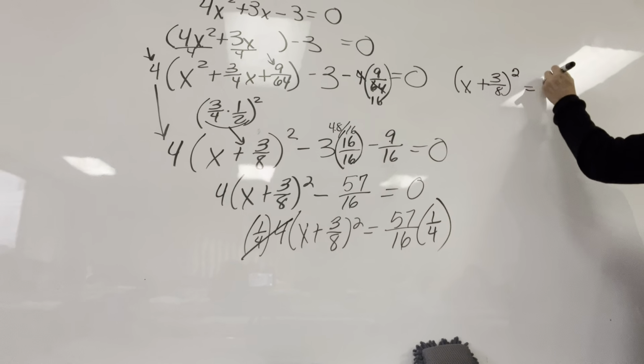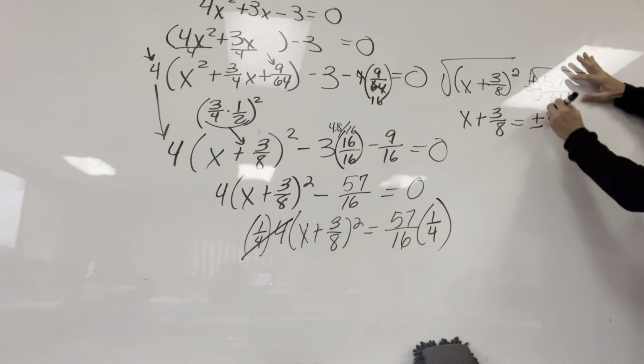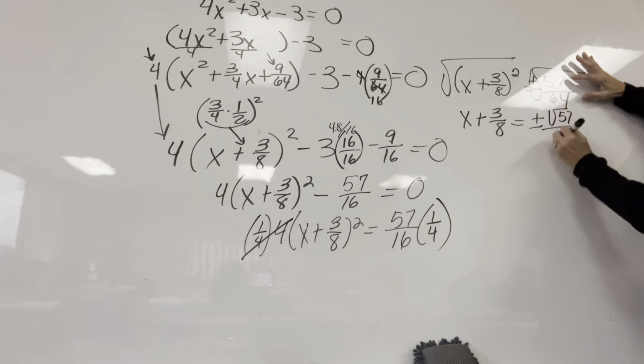Now I take the square root of both sides. On the right, it's plus and minus. Don't forget that. So I'm left with x plus 3/8 equals plus minus. Remember, when I have a fraction under the radical, it's the square root of the numerator over the square root of the denominator. I'm going to unsquare the denominator. What's the square root of 64? 8. So you're left with square root of 57 over 8.